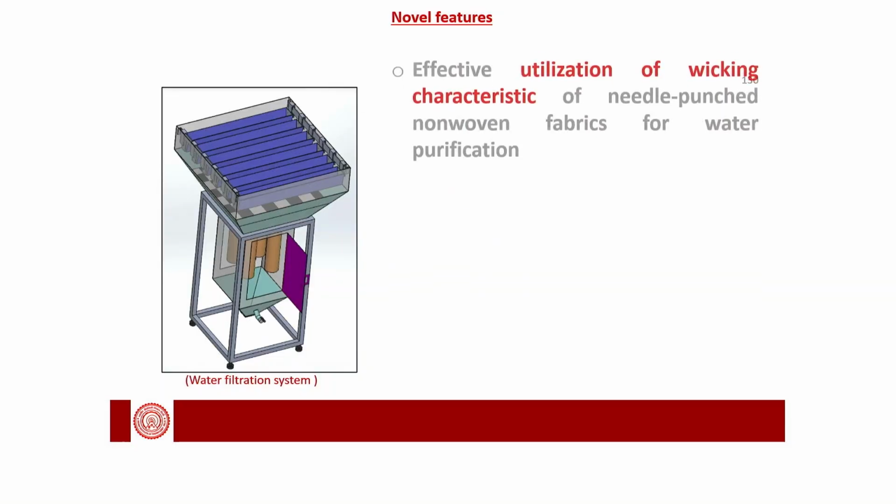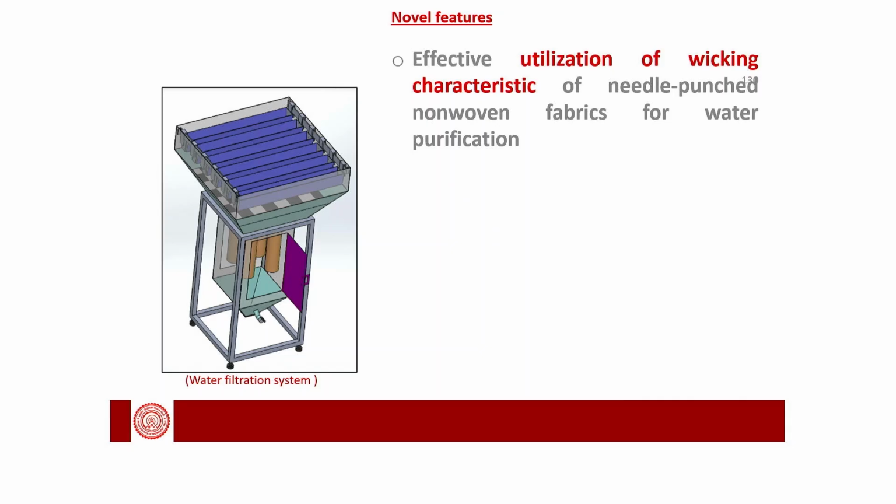Now, you can see the novel features. This is effective utilization of wicking characteristics. We are utilizing the wicking characteristics of needle punch nonwoven fabric for water purification in the first stage.